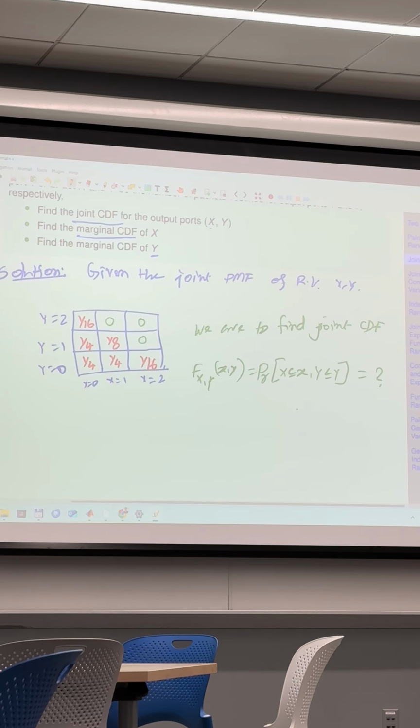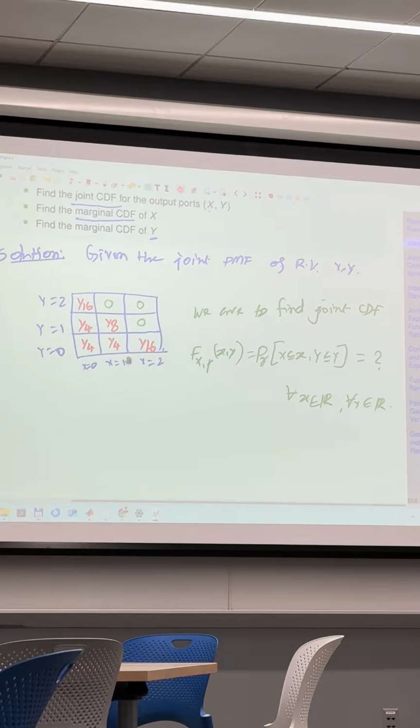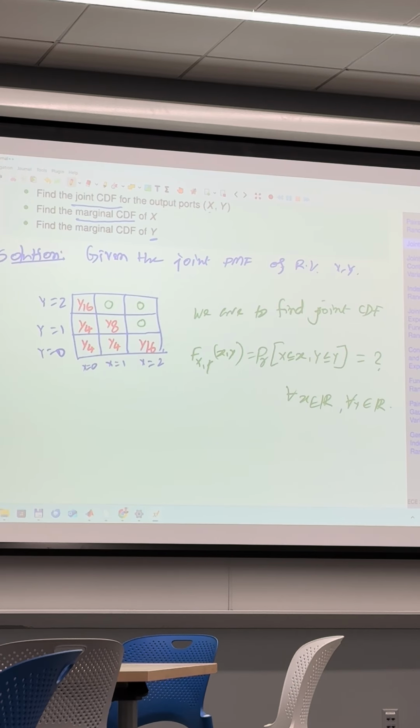For all values of x, which can take value from the entire real line, and for all values of y, which can take value from the entire real line. Okay. So in total there are 10 conditions. I'm going to use yellow. Let's see how it goes.